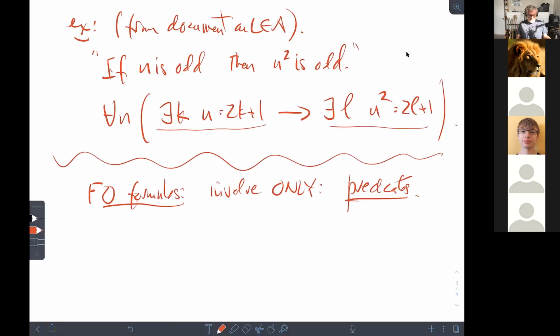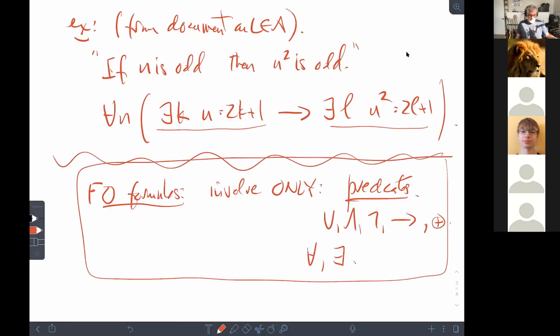I will always specify what these are. Or, and, not, maybe implies, and you can use the two quantifiers. That's it. That's what a correctly built first order formula is.